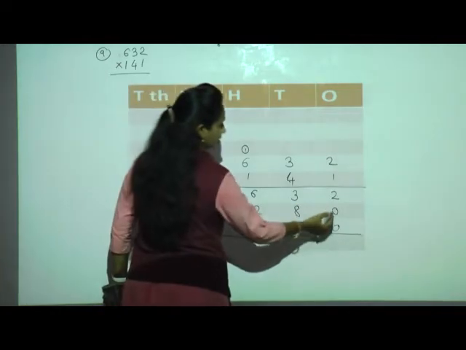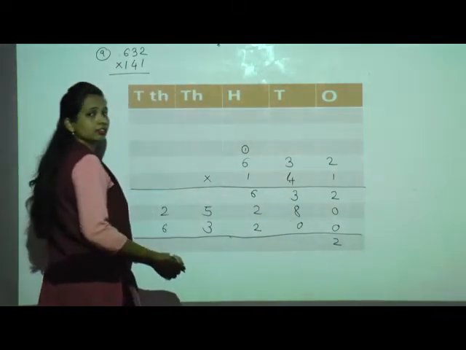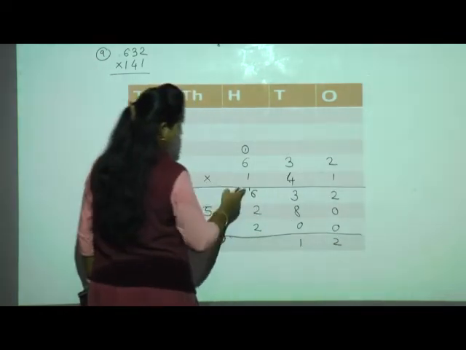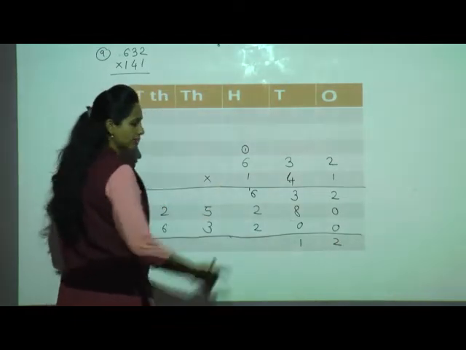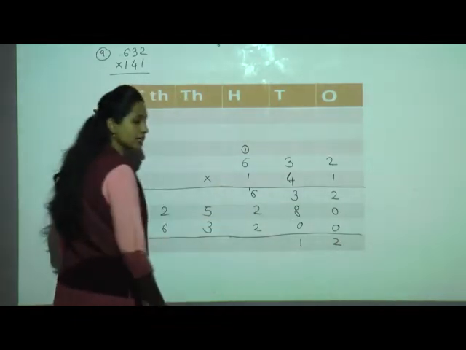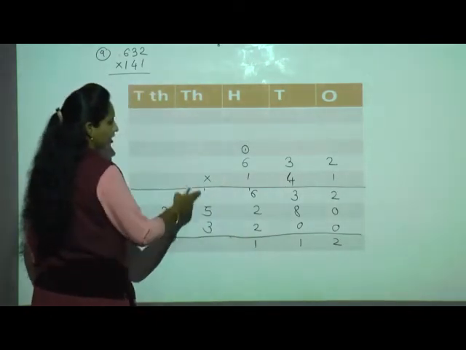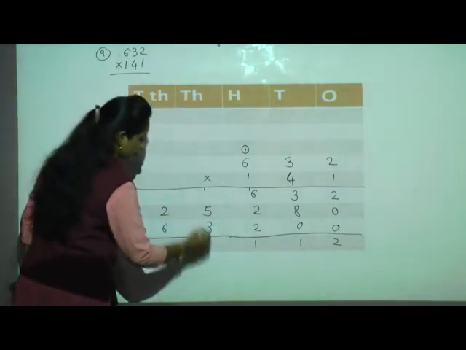Now tell me, 2 plus 0 is 2, 3 plus 8 is 11. 1 right here, 1 will be carry. 1 plus 6 is 7, 7 plus 2 is 9, 9 plus 2 is 11. So right here 1, 1 will be carry over. 1 plus 5 is 6, 6 plus 3 is 9.